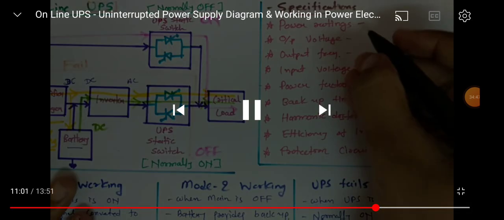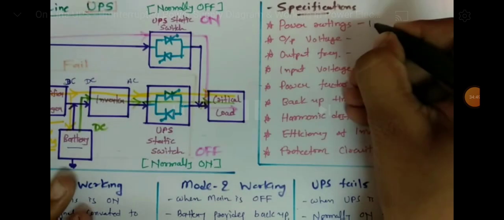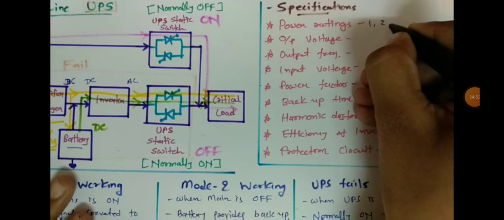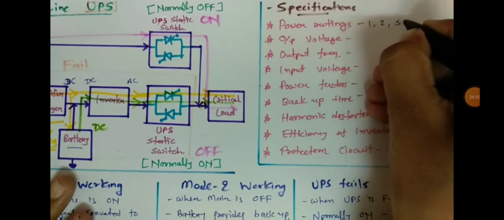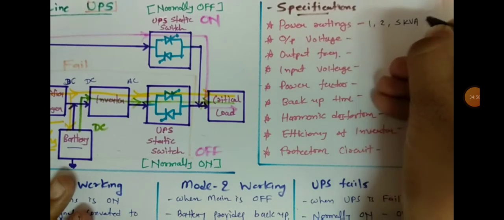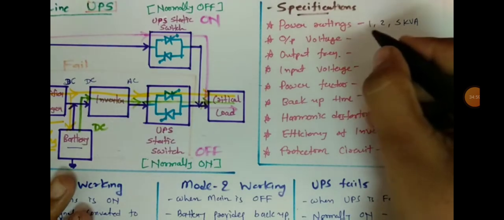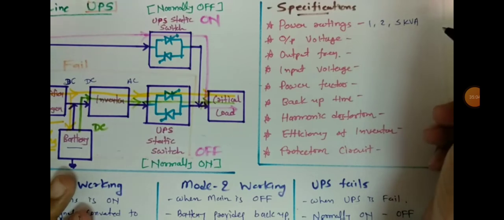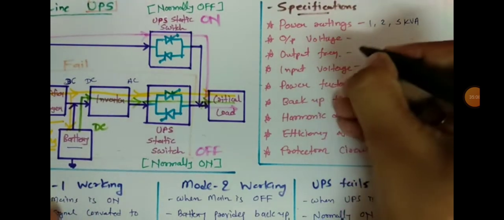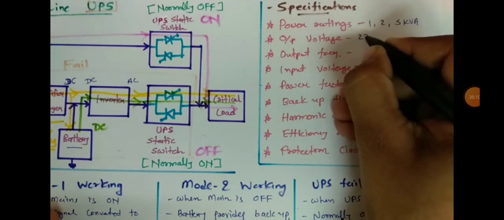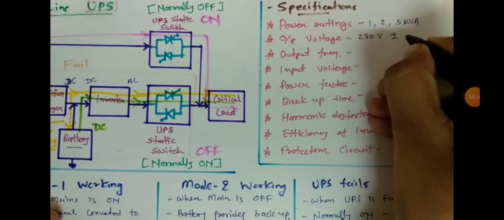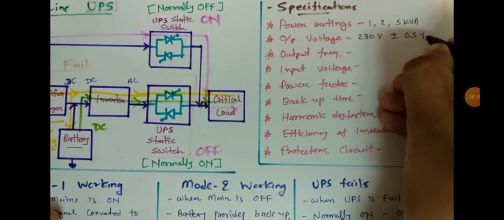The power rating of a UPS is available as 1 kilovolt ampere, 2 kilovolt ampere, and 5 kilovolt ampere. Output voltage in India is available as 230 volt plus or minus 0.5 percent.